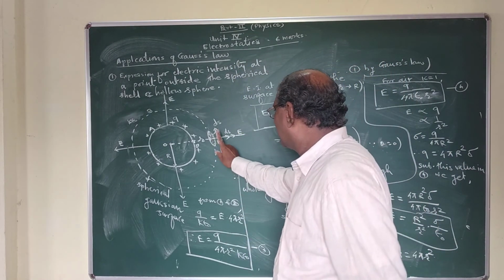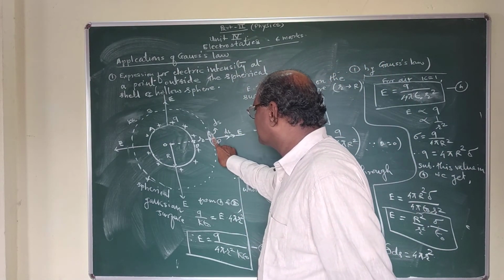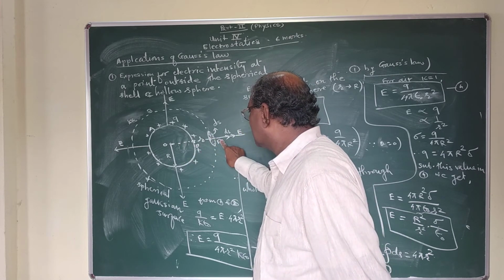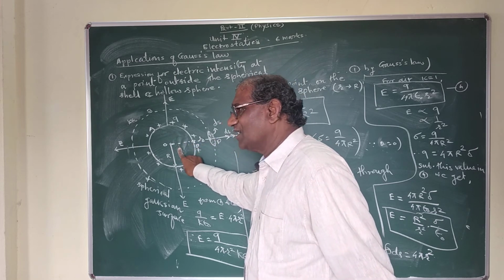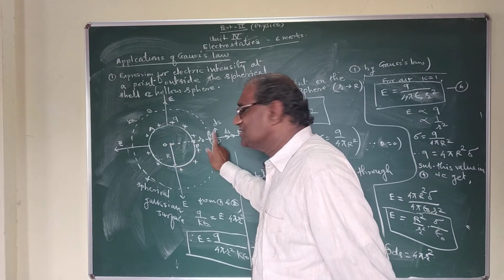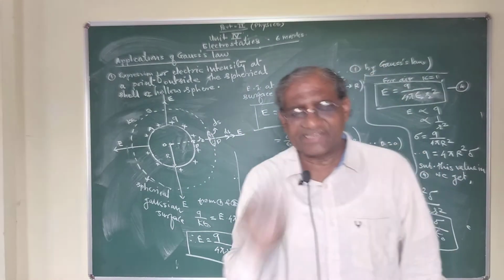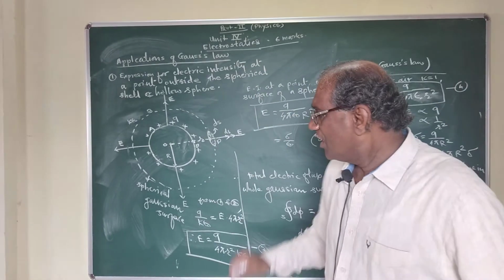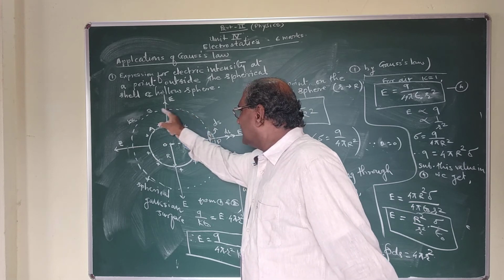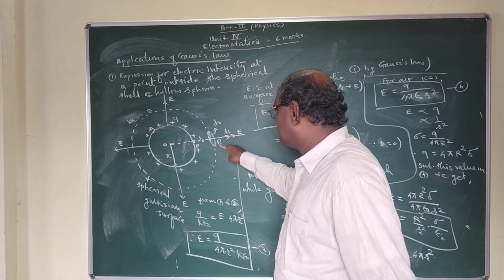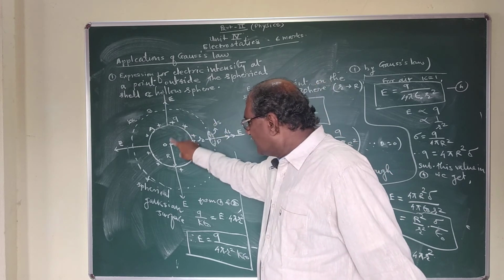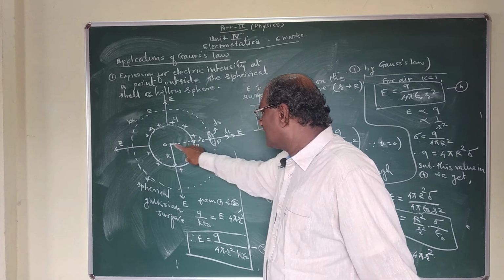Now let us consider the point P just outside the charged sphere at distance r, small r, from the center of the charged sphere, at which we have to find electric intensity. This is our aim. Now construct a spherical Gaussian surface having radius r, concentric with the given charged sphere, through point P.